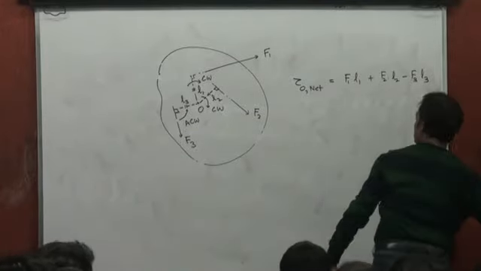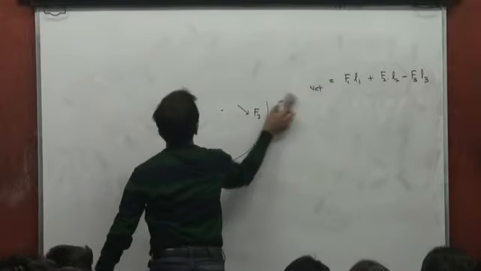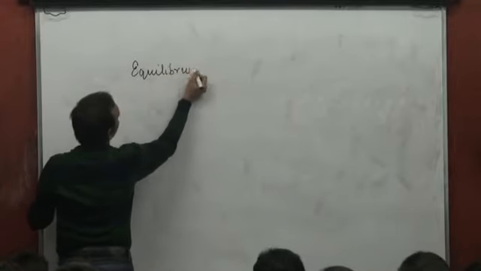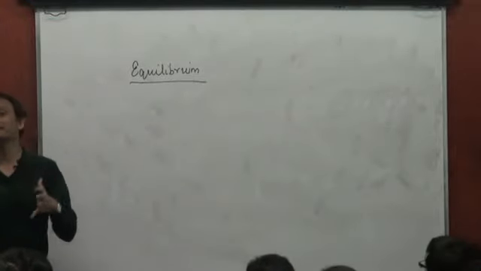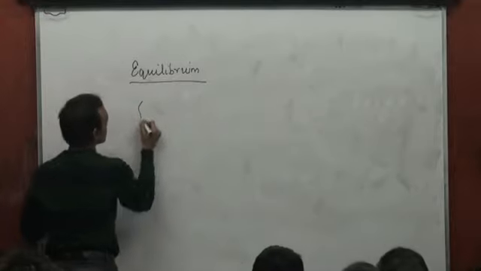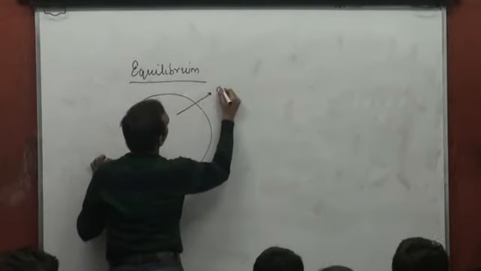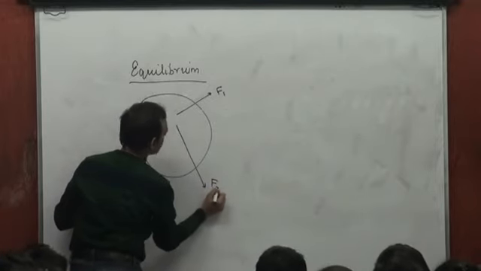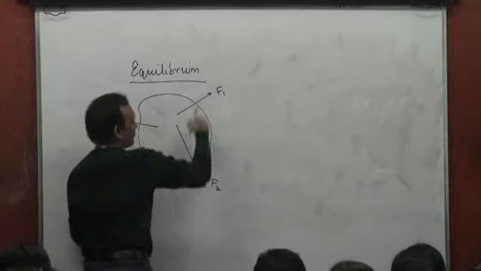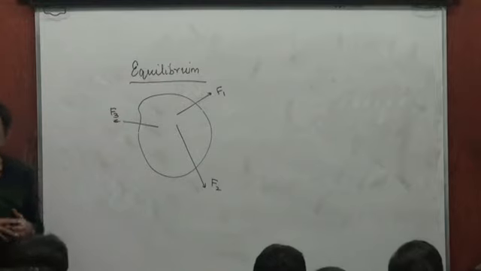Now, look, when we talk of equilibrium of rigid bodies that are being acted upon by a bunch of forces, say F1, F2, F3, these are forces of magnitudes F1, F2, F3 acting in shown directions, right?